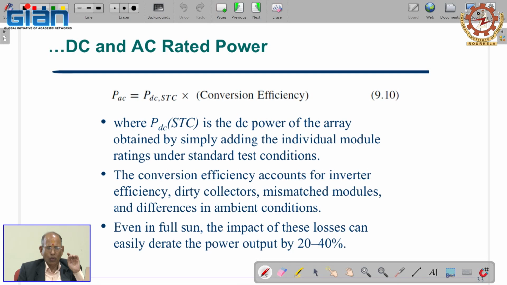So one is of course the inverter, but what are the other points? Inverter efficiency, then if there is dust accumulated on the PV module. How clean is it? Is it like brand new, no dust at all? How frequently are you cleaning the PV module?